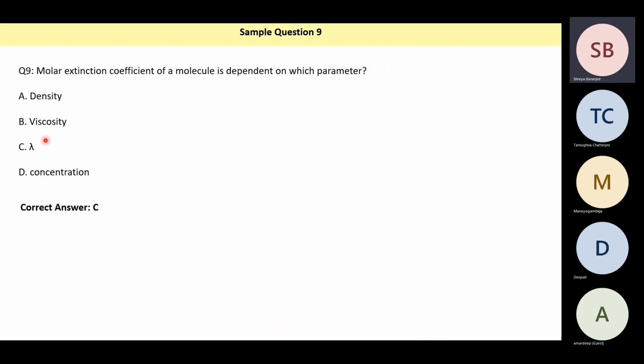For a particular molecule, if the wavelength of the incident radiation is changed, then the molar extinction coefficient changes. So it is dependent on the wavelength that is used by the source light.